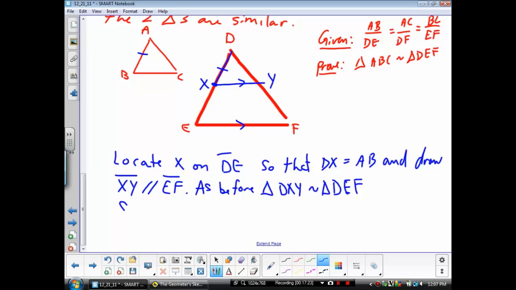So DX is to DE as DY is to DF as XY is to EF, by definition of similar triangles.